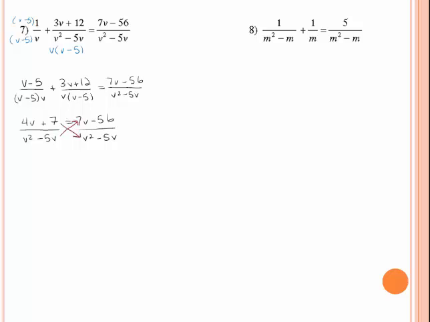This will give me 4v plus 7 times v squared minus 5v is equal to 7v minus 56 times v squared minus 5v. Now, rather than multiplying all of this out, because I have multiplication here, if I divide both sides by v squared minus 5v, watch what happens.